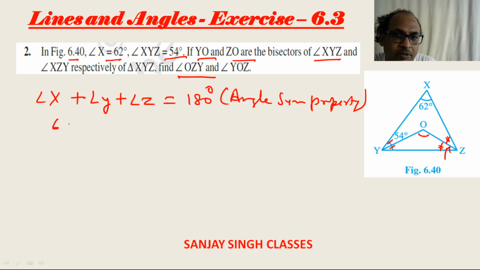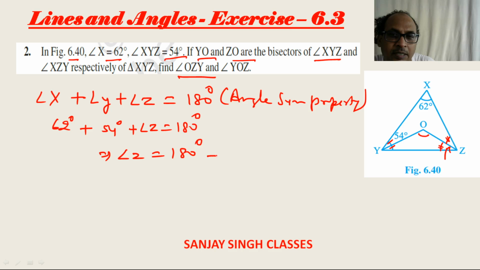Angle X is already given to us as 62 degree. Angle Y is given to us as 54 degree, plus angle Z is equal to 180 degree. Therefore, angle Z is equal to 180 degree minus 116 degree, so 64 degree is angle Z. Angle Z has become 64 degree.